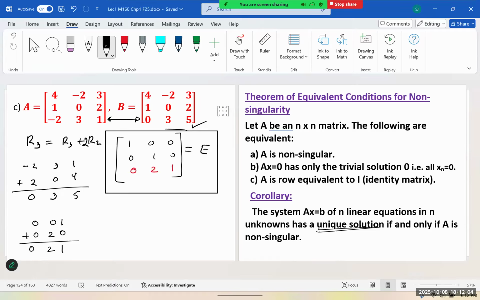If you try to solve for X from AX equals B, then X, Y, Z, all these variables will have only one single solution if and only if A has an inverse. And if it doesn't have an inverse, then there are two scenarios. Either you have infinite solutions or you have no solution. Okay.